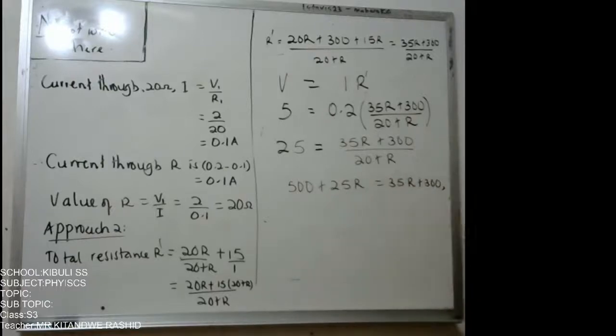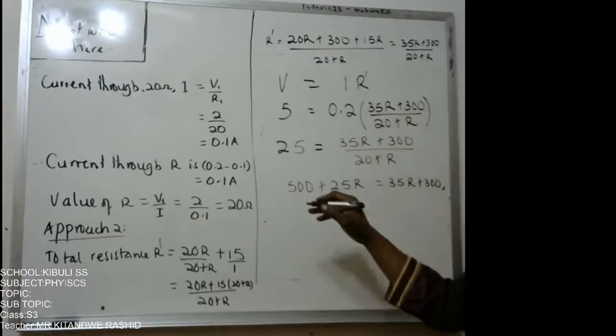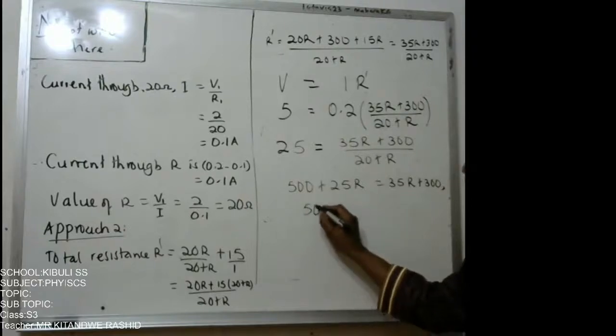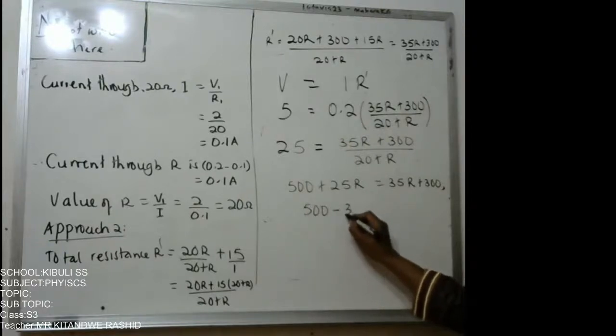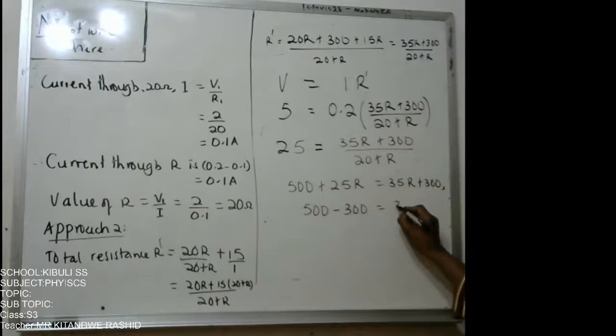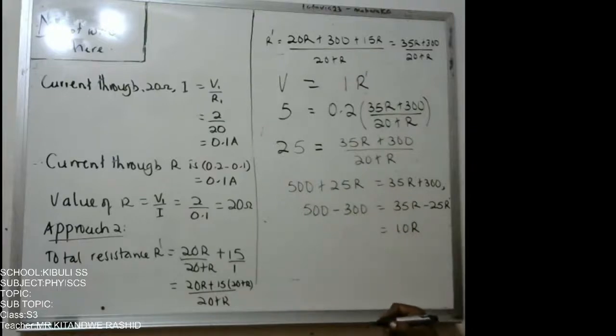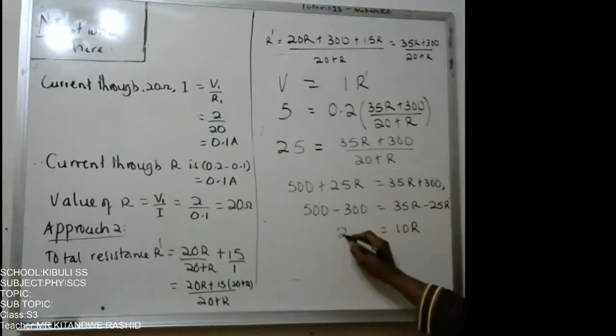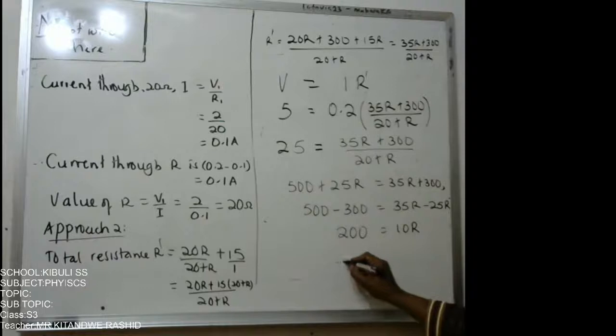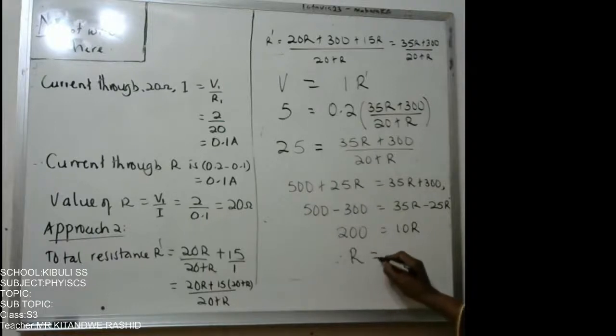So I take the 25R this side and the 300 the other side. 500 minus 300 is equal to 35R minus 25R, isn't it? So this is now going to be 10R. 500 minus 300, what do you get? 200. Therefore, R is equal to what? 20.